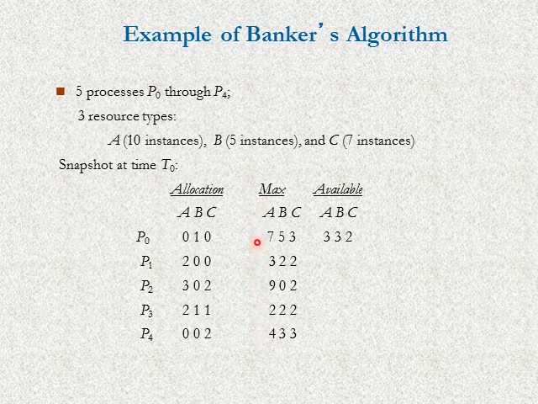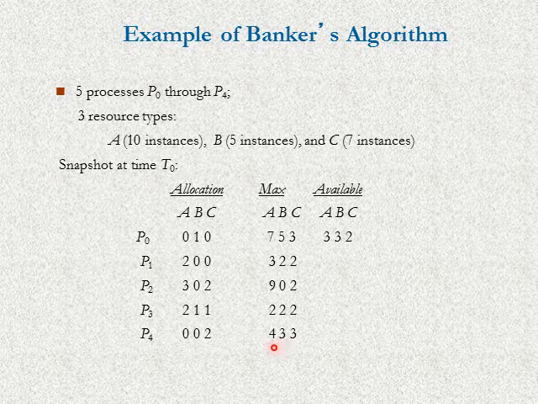So in this case, P0 would declare 7 instances of resource type A, 5 instances of resource type B, and 3 instances of resource type C. Likewise, we have P1, 3 instances of resource type A, 2 instances of resource type B, and 2 instances of resource type C. So likewise, these numbers reflect different instances of these 3 resource types.